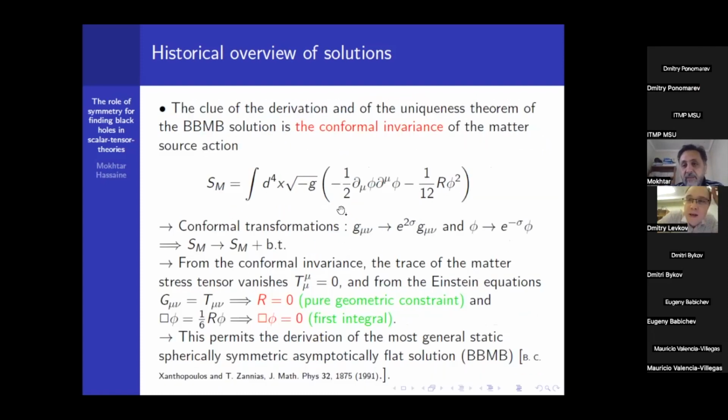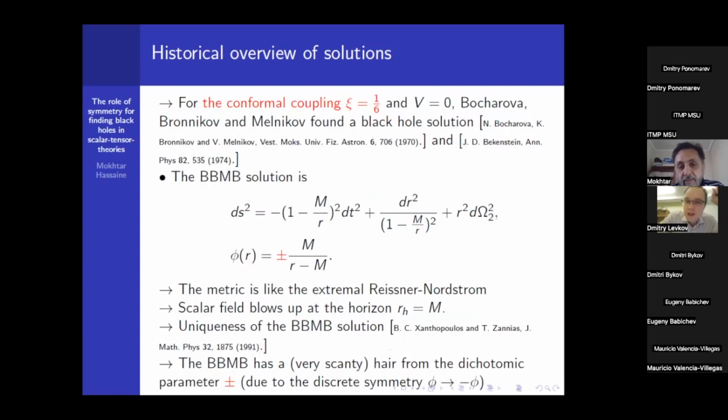Can I ask, is there also another solution, phi equals 0 and Schwarzschild? Yeah, of course. The black hole is not unique in this case. Yeah, of course.